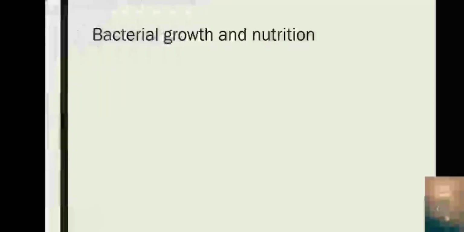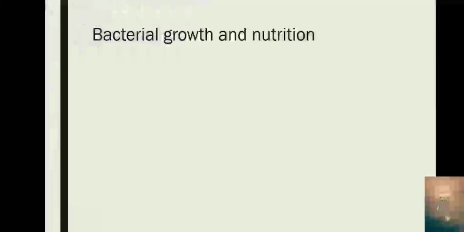The learning objectives are bacterial growth and nutrition, factors affecting growth of bacteria and bacterial metabolism. These are the learning objectives in the physiology of bacteria. First, we'll see bacterial growth and nutrition.